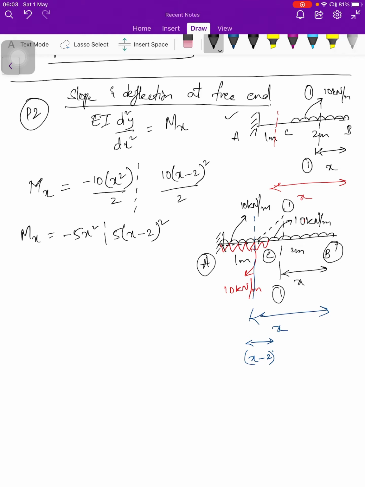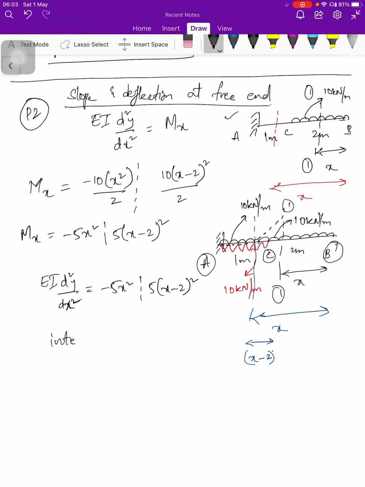Now this is to be substituted back in the governing equation. It will become EI d square y by dx square is equal to minus 5x square plus 5 into x minus 2 whole square.